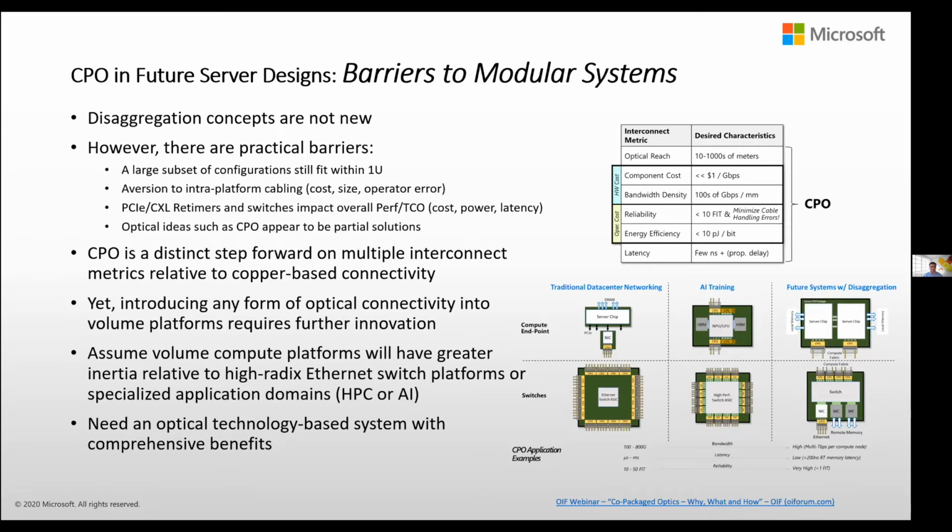There's still a lot of aversion to introducing platform level cabling, right? Cost, size, operator error, cabling of any sort in a high volume platform is a thumbs down, significant aversion to it. PCIe, CXL, retimers, and switches, again, in high volume platforms, they impact overall TCO, right? If you introduce this in every platform and just scale to millions of platforms, it adds up very quickly.